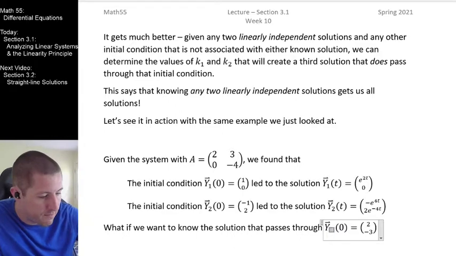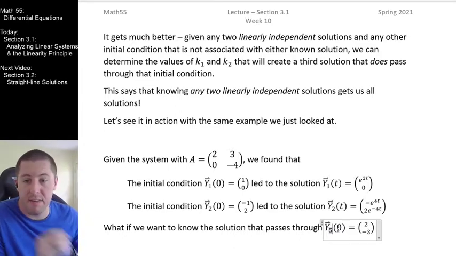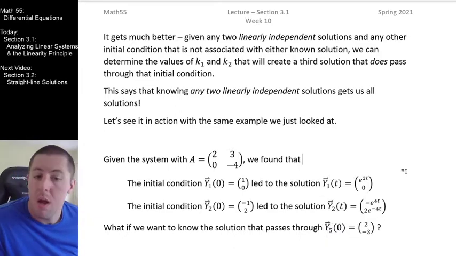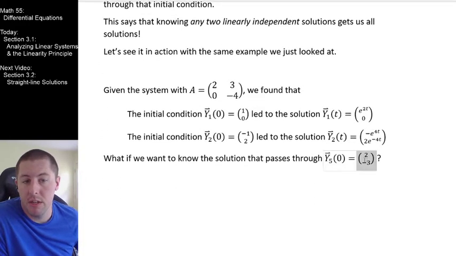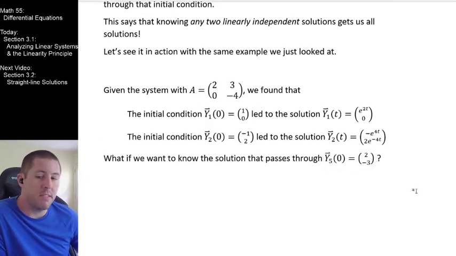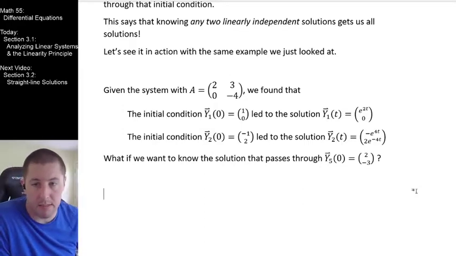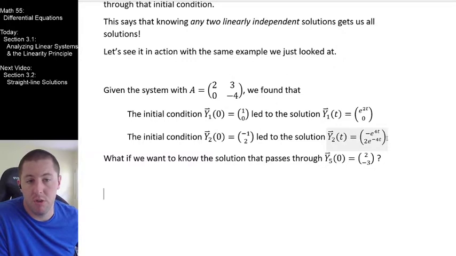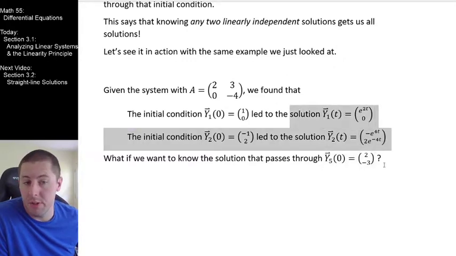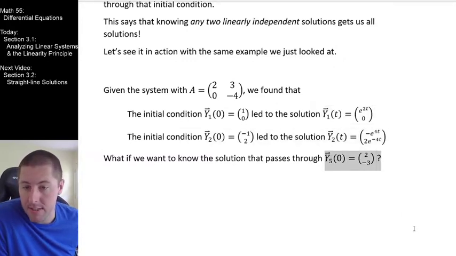I need to change this now. In fact, I'll change to y5 because we've already seen a y3 and y4. What if we want to know what curve is going to pass through the location 2, negative 3? So this is me saying, let's pick some other point in space. Is it possible for me to make linear combinations of these first two solutions to create a new solution that will pass through any other desired point?